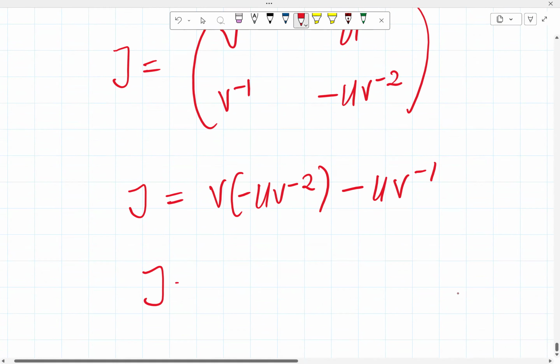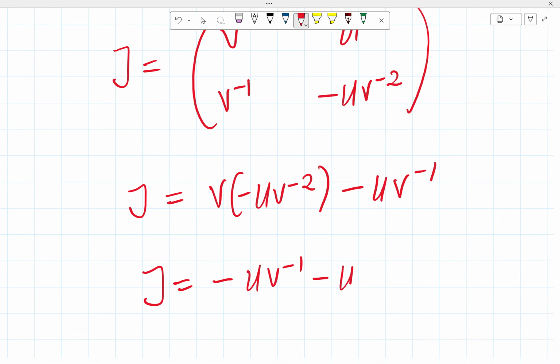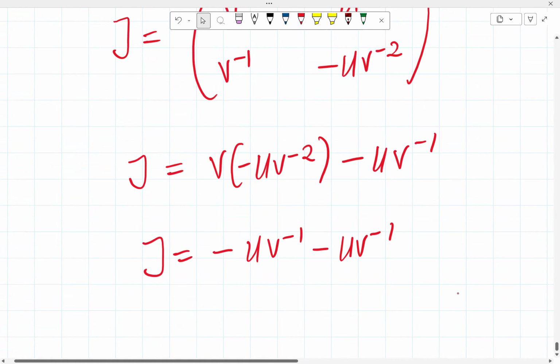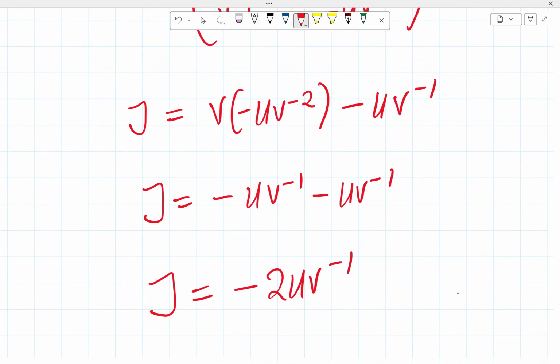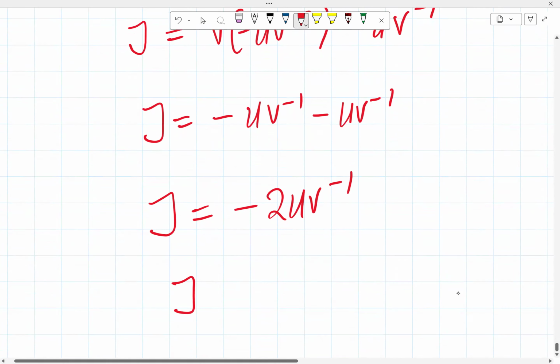So J is equal to minus u v raised to minus 1, minus u v raised to minus 1 again. It's the same thing, so J is minus 2 u v raised to minus 1, so J finally is minus 2u over v.